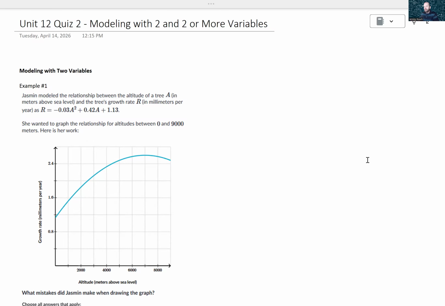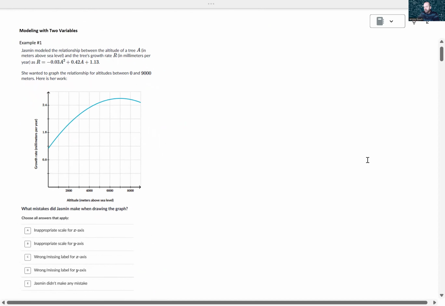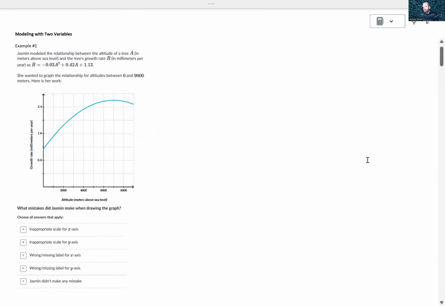These first questions are asking us to examine graphs, and we want to decide if there's anything that needs to be changed on the graph. So here we have a quadratic function that's graphed here.